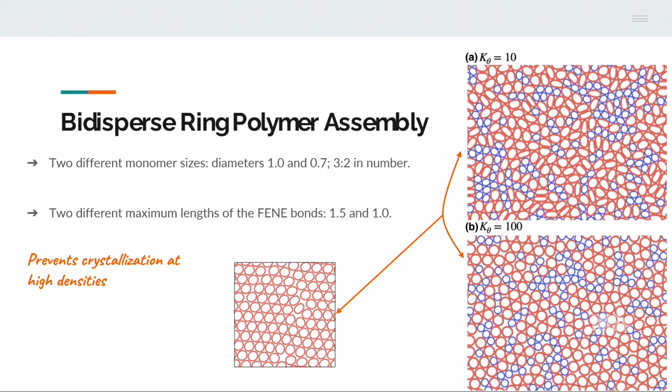Because if we had monodisperse rings, then at high densities and high values of k theta, or for highly rigid rings, there is crystallization. To prevent that, we have a bidisperse system. For k theta equals 10, the more flexible rings, we see more aspherical shapes, and for the more rigid rings, we see more spherical shapes.